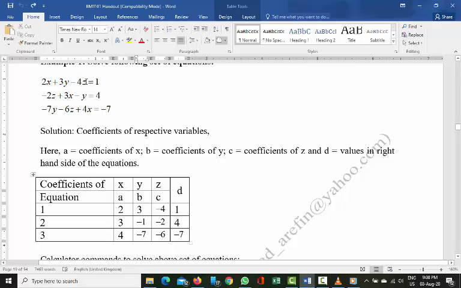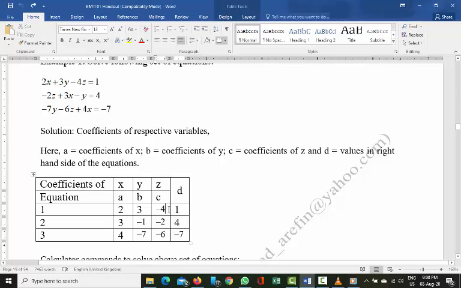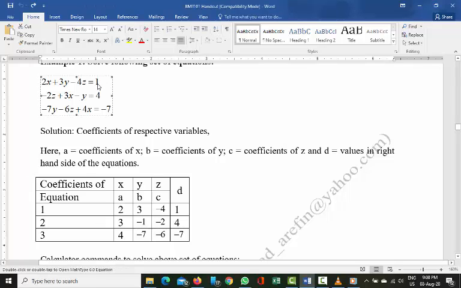In the first equation, the coefficient of z is minus 4. This is c. And the right hand side of the first equation we have 1. So d is 1.